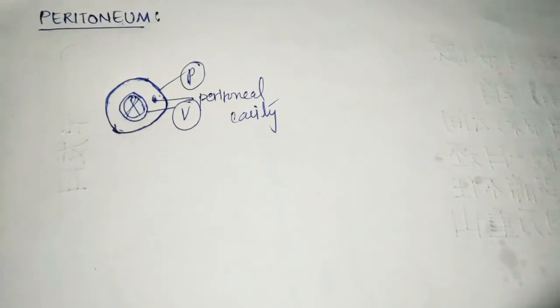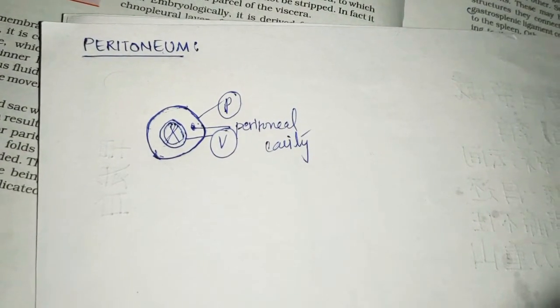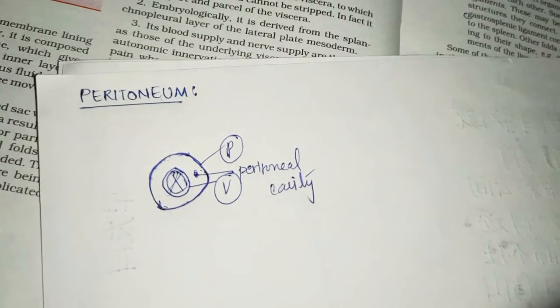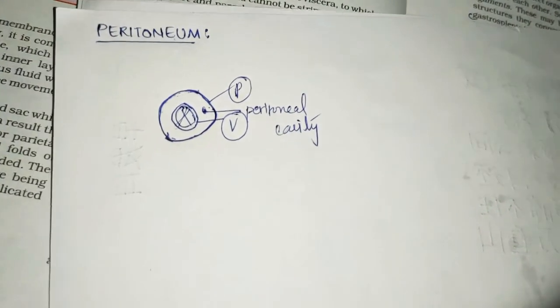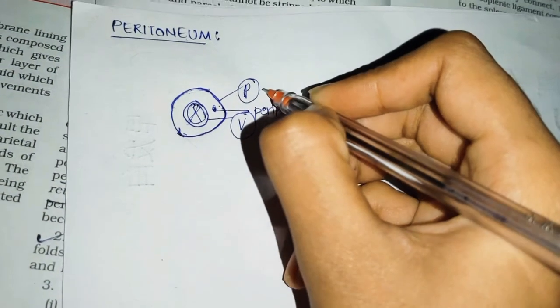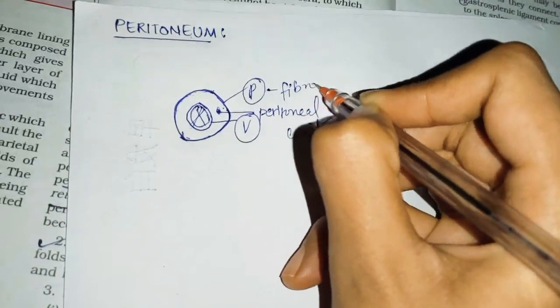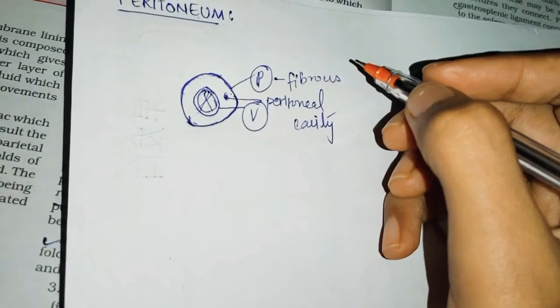The peritoneum is the largest serous membrane of the abdominal cavity, and it is composed of an outer layer and inner layer. As I said, the outer layer, the parietal peritoneum, is mainly fibrous tissue, and it gives strength to the membrane.